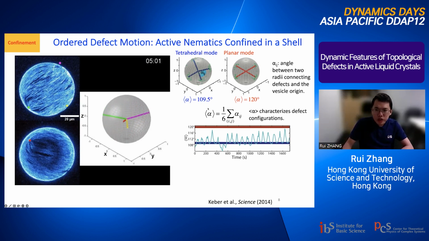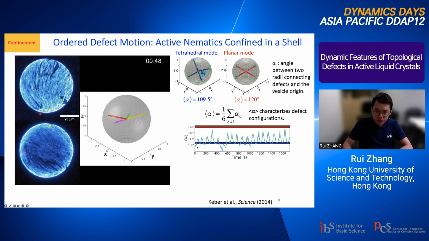By measuring the average angular distance alpha, which is defined as the average of the 6 angles alpha ij, where alpha ij is the angle between the 2 radii connecting 2 defects with the center of the sphere, we can calculate that for the 2 modes, this average angular distance will be different. Experimentally, the measurement shows that the system periodically oscillates between these 2 modes, and the periodicity is around 100 seconds.